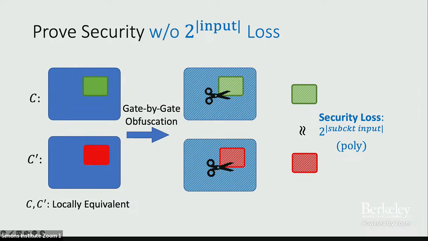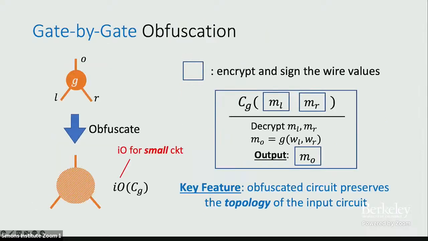Any further question? Oh, good, right. Yes. In fact the input size of CG may depend on the security parameter, but it's independent of the input length, because the input length could be much larger than the security parameter.